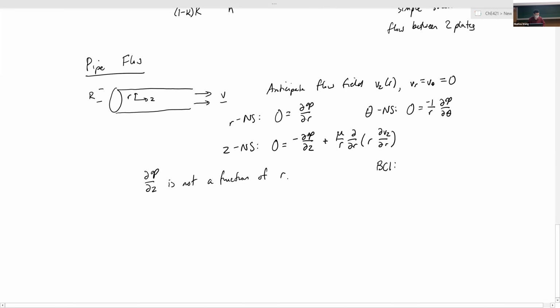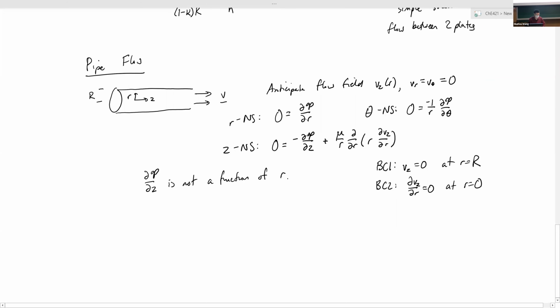The two boundary conditions typically are that Vz equals 0 at r equals big R, and the second is typically a condition on Vz at r equals 0. Usually we call this either a symmetry condition or a no stress condition, or we say that Vz is finite at r equals 0.